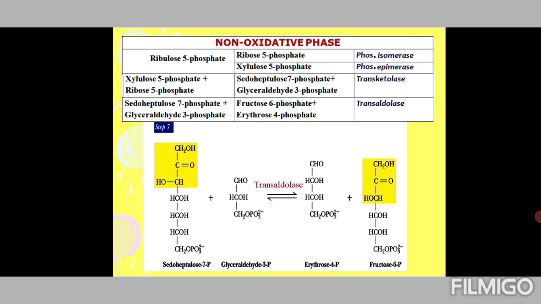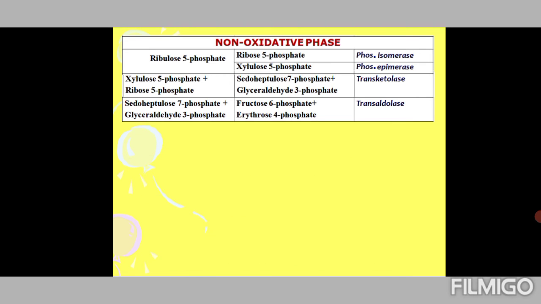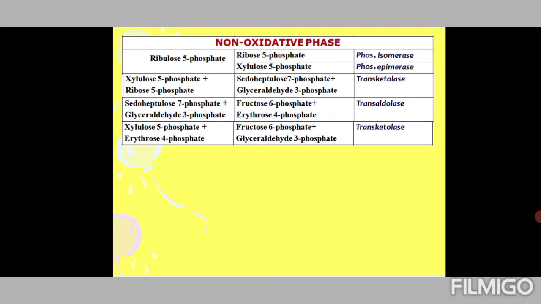And now the next step involves xylulose 5-phosphate, which is formed in one of the first reactions as a result of epimerization of ribose 5-phosphate. So another molecule of xylulose 5-phosphate also comes into play here, as well as the erythrose 4-phosphate, which is taken from the just previous reaction. So these are the substrates here.